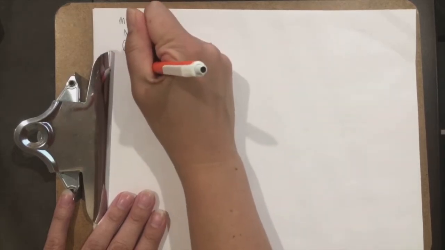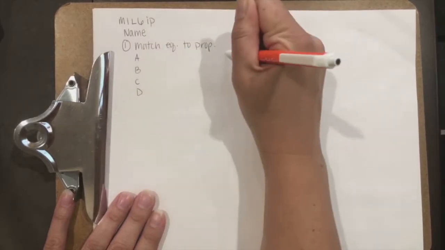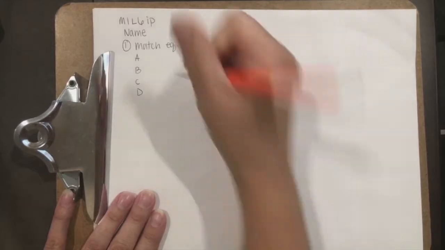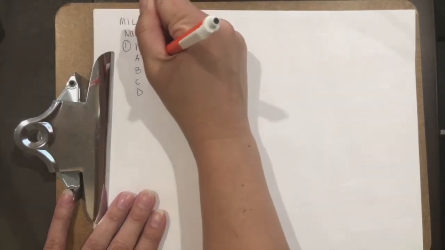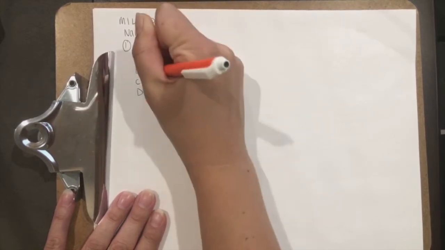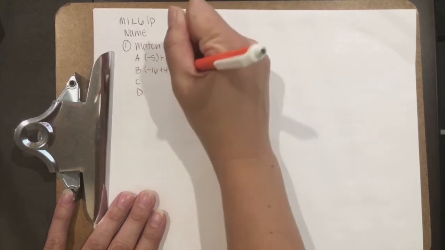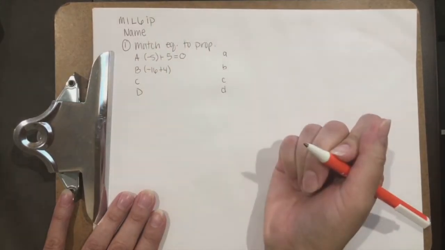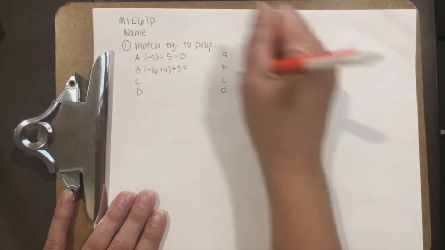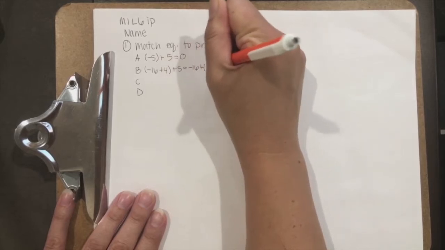So A, B, C, D, and then we have A, B, C, D. A says -5 plus 5 equals 0. B says -16 plus 4, that's in parentheses, and then plus 5 is equal to -16 plus parentheses 4 plus 5.